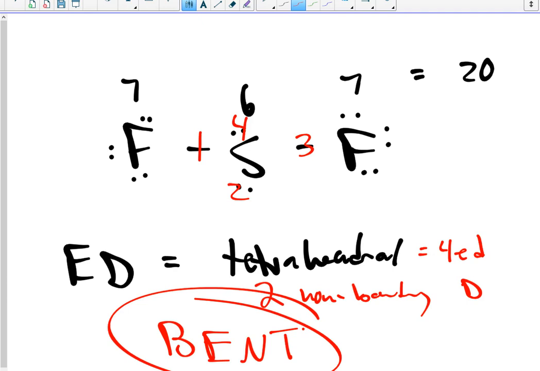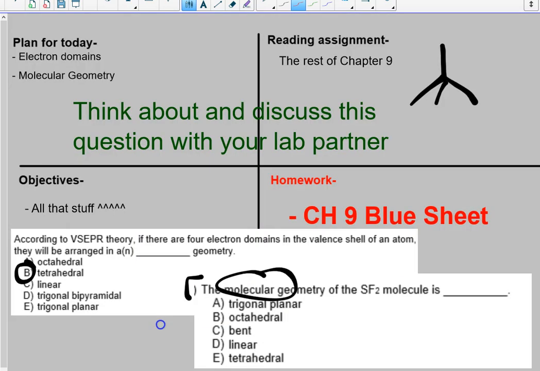The reason it is bent is because this structure right here that I drew, if 2 of them are not there, like we don't see them because they're non-bonding pairs of electrons, the only part we write in the molecular geometry would be this blue piece, and we would call this a bent structure. Okay? We haven't gone over that yet, but we will today.